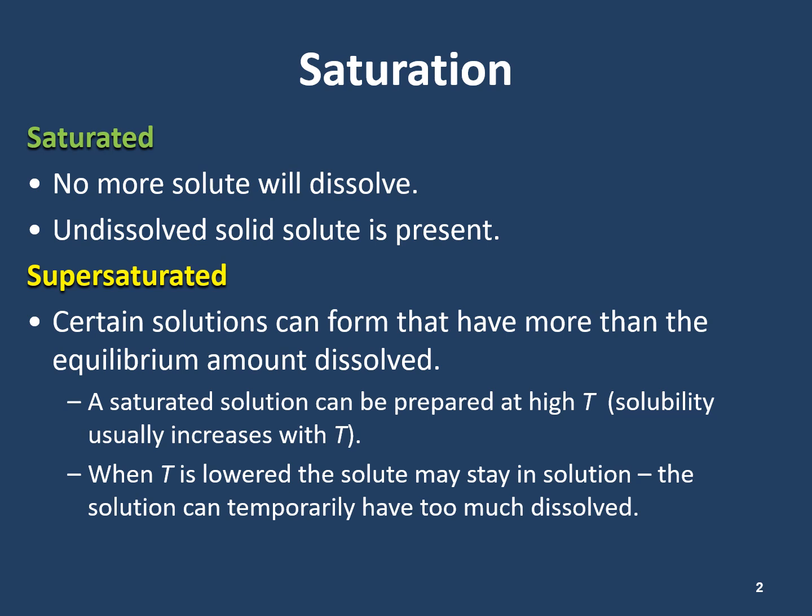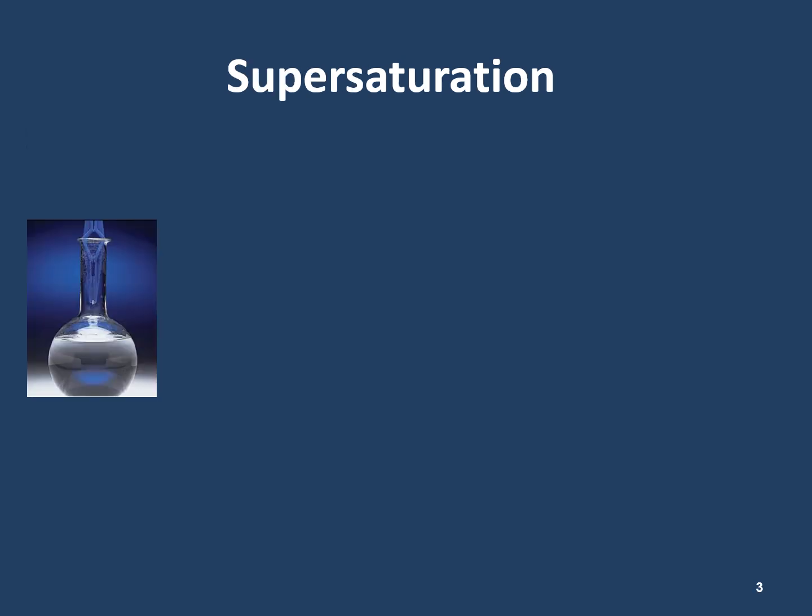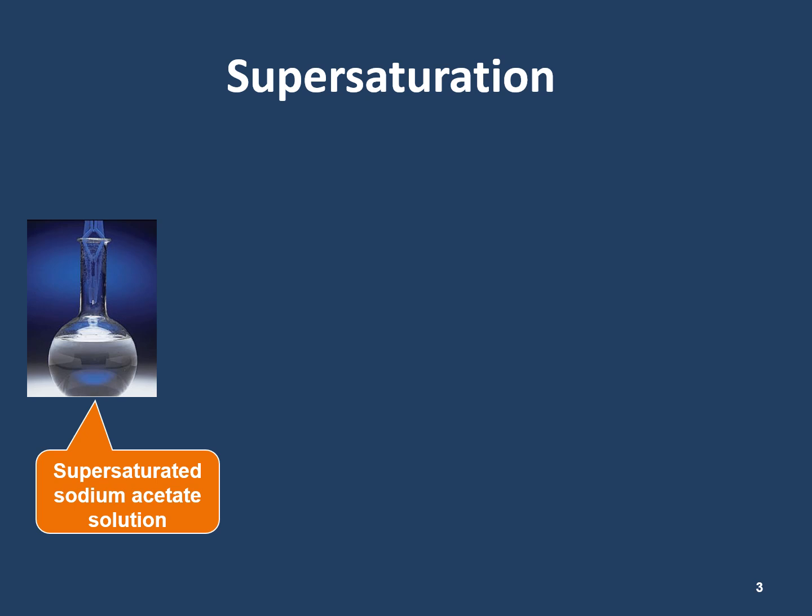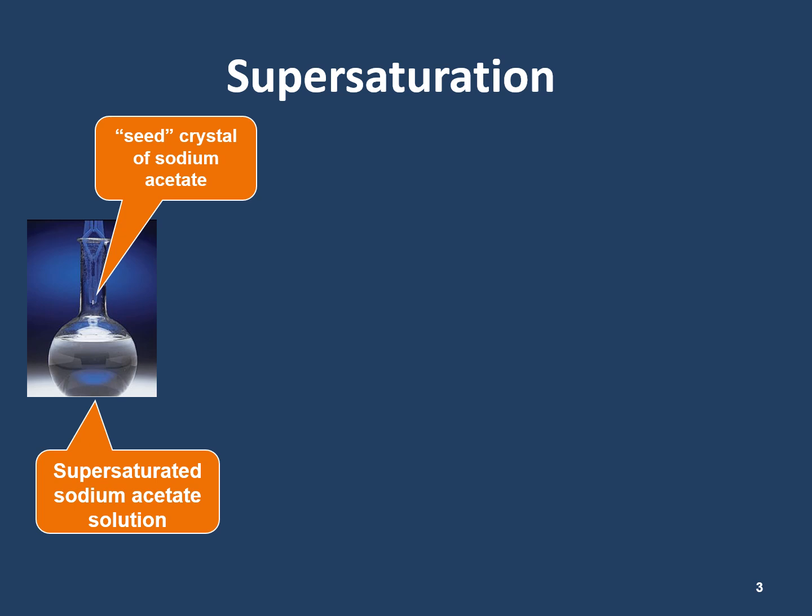To give you an idea of this, this is a supersaturated solution of sodium acetate. Sodium acetate precipitates out very fast when you add a piece of solid to it. It's hard to see here, but right here is a tiny little piece of sodium acetate, and this is a supersaturated solution.